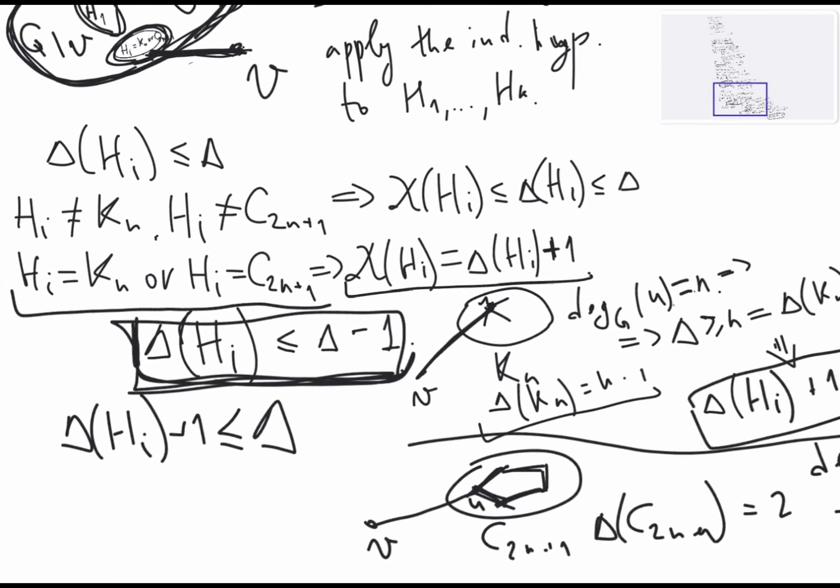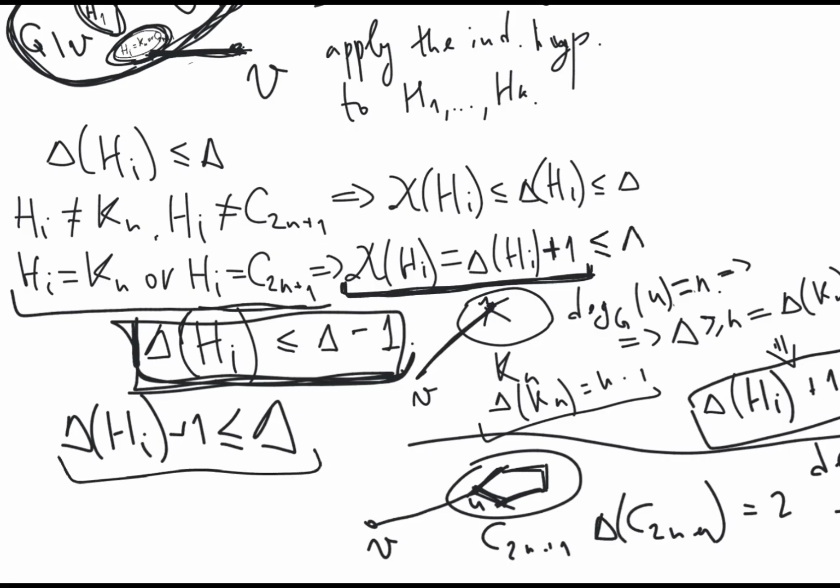Well, this is not by inductive hypothesis, but from what I proved previously, that for a complete graph and odd cycle we have the exact equality here, and by this inequality now this is less or equal than delta.